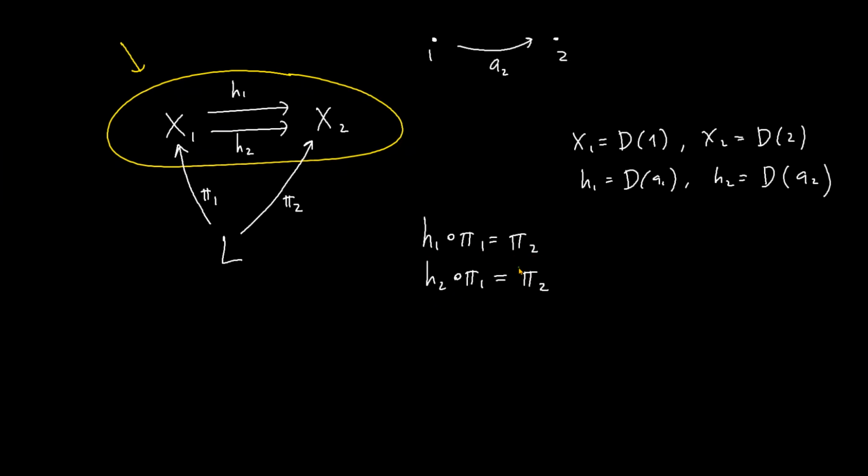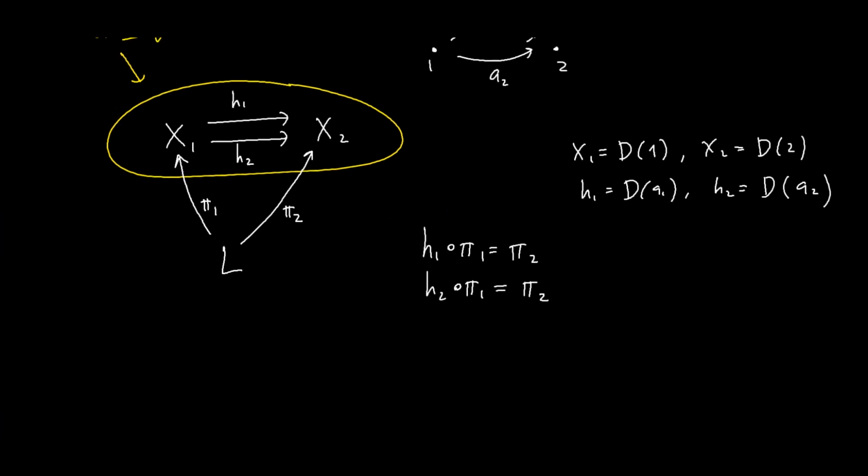And moreover, we also need pi1 to be such that composed with h1 and h2, they give the same result, because they have to give the same pi2 in both cases. So another way of thinking about this condition is that it drops pi2 completely and just says that I've got a pi1 such that pi1 composed with h1 equals pi1 composed with h2.